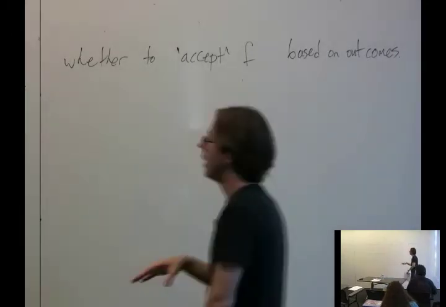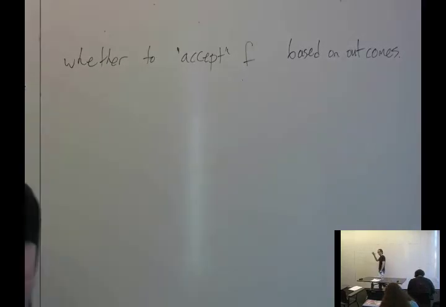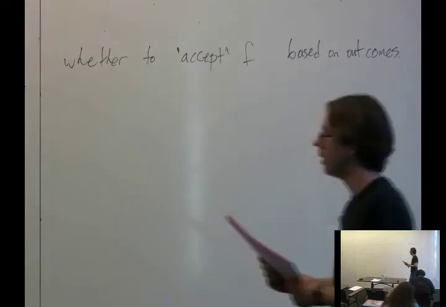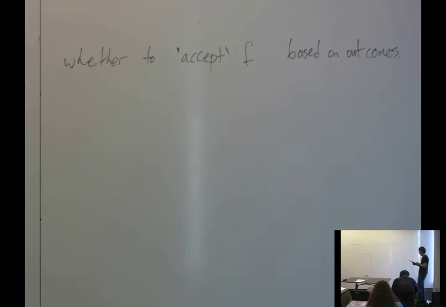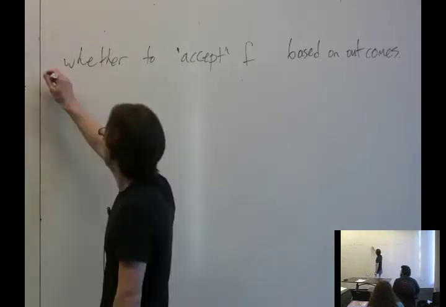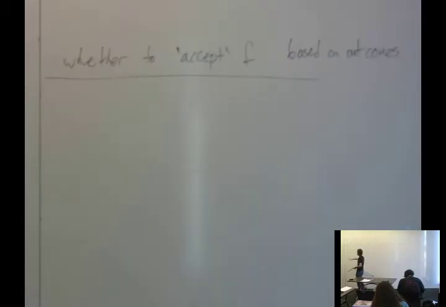In this model, the tester uses its randomness to decide on the strings it wants to query, and then after that, it's deterministic. It doesn't make some queries, then decide what to do randomly next. So that's what our algorithms can do. And now let's define what it means for an algorithm to be a good testing algorithm for a class of functions C like this.